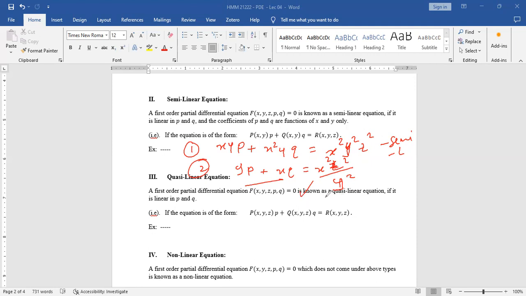Sometimes this equation can be simplified more, so you can multiply by y squared. You can have y cubed p plus xy squared q equal to x squared z squared. Still obeying the property, this side is linear, this side need not be, so we say this is a semi-linear equation.